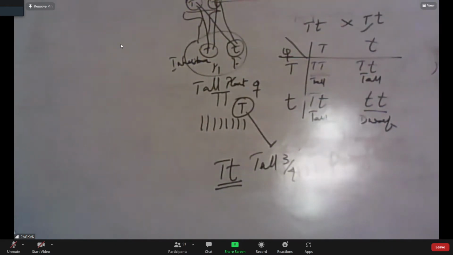Mendel did not stop here. He wanted to confirm his results. How does he confirm?